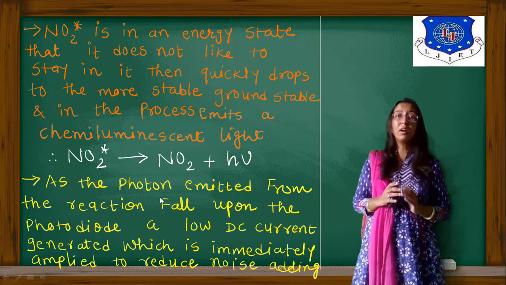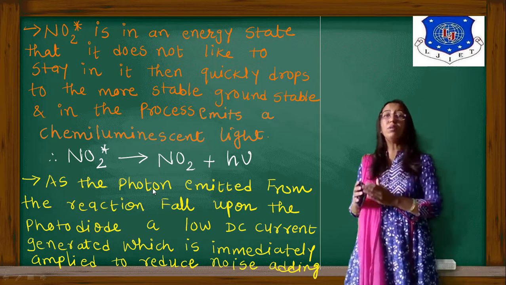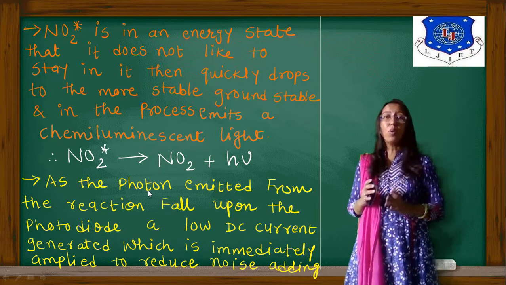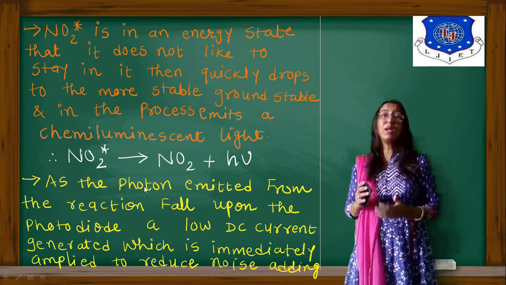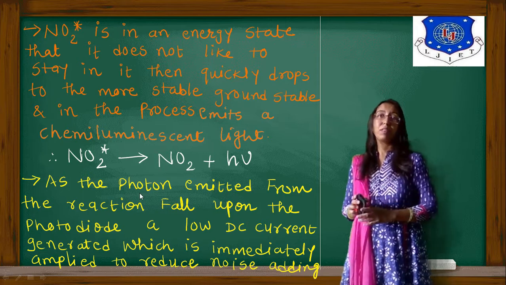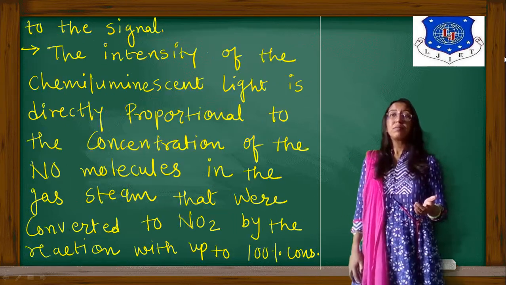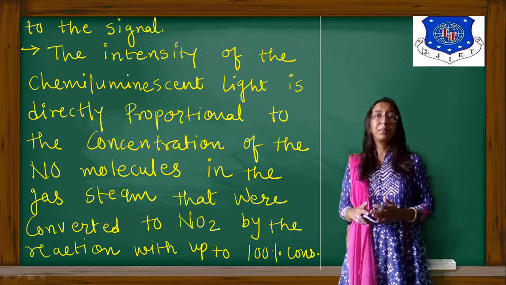So here the photon emitted from the reaction falls upon the photodiode and a low DC current is generated, which is immediately amplified to reduce noise added to the signal.